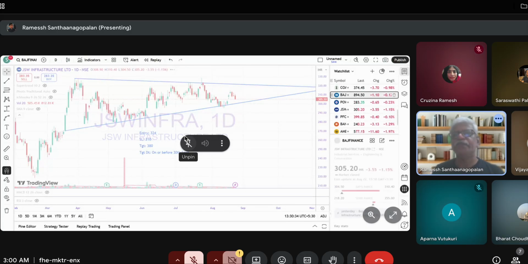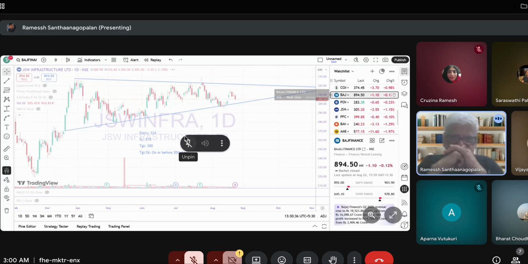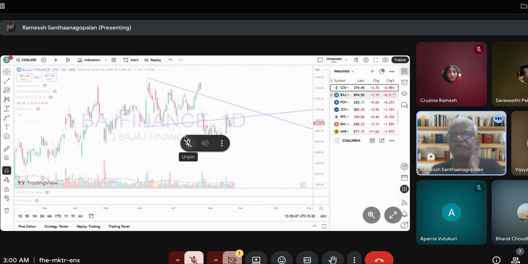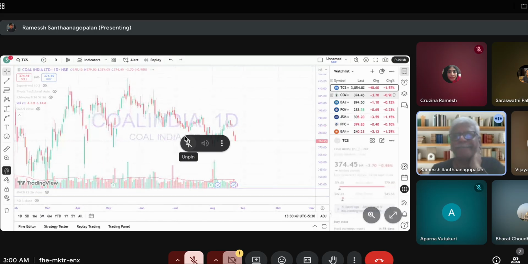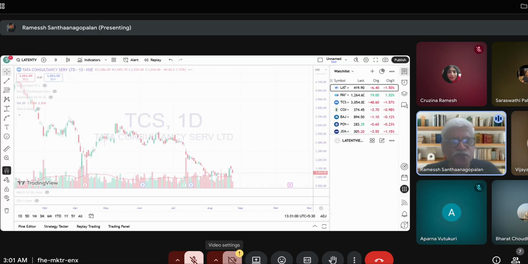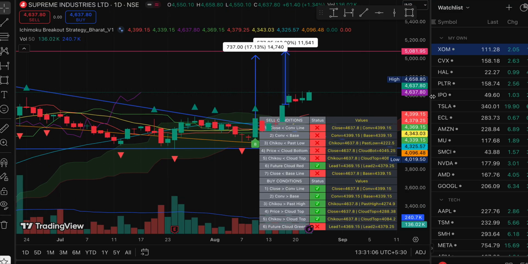Yes, in Bajaj it was there, I suppose. Okay. Let me find out one stock. Just give me a minute. Let me find out a stock for rectangle.